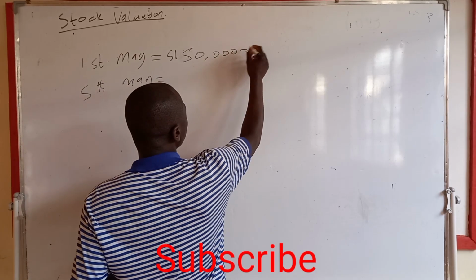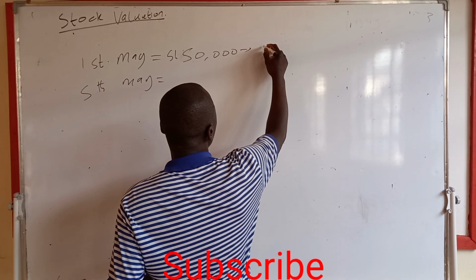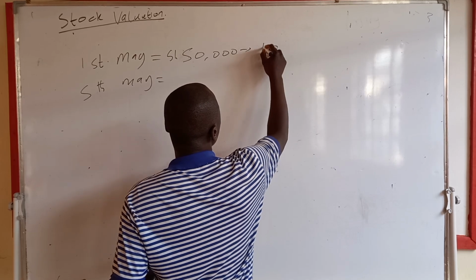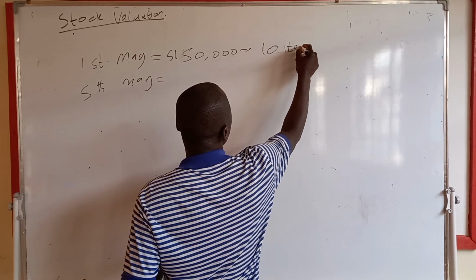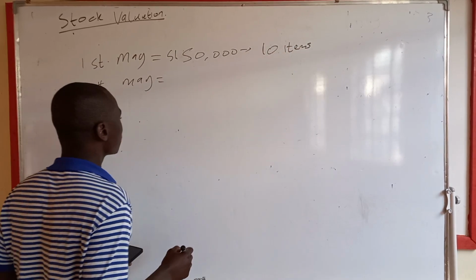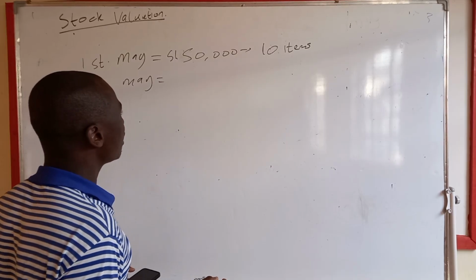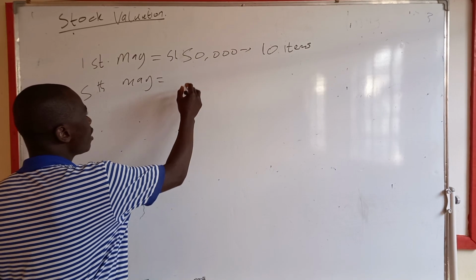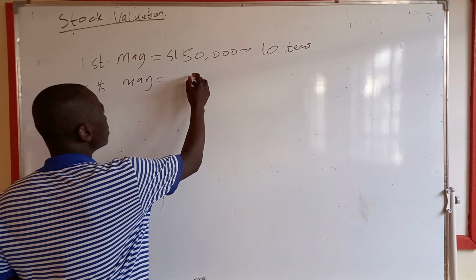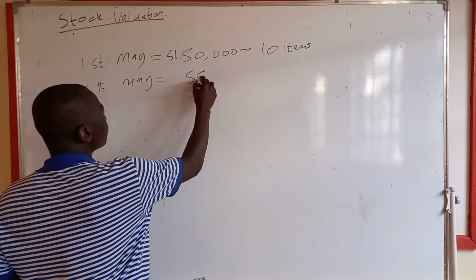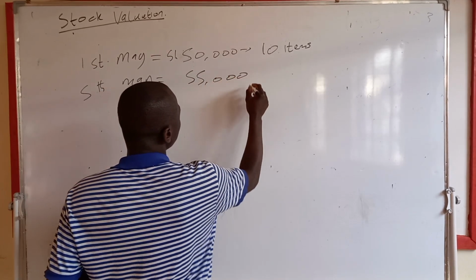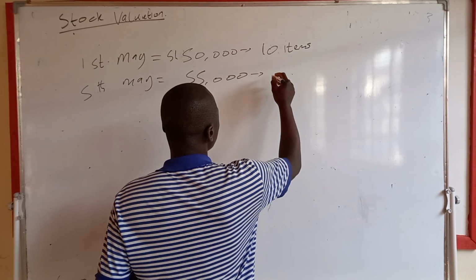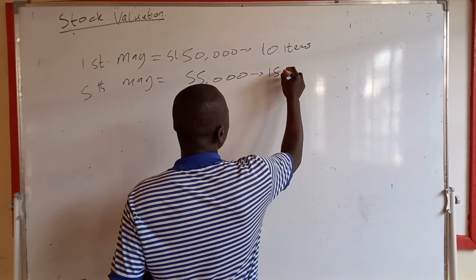This was, for example, 10 items. Then you later on bought another stock on May 5th that was 55,000. And this was, let's say, 15 items.